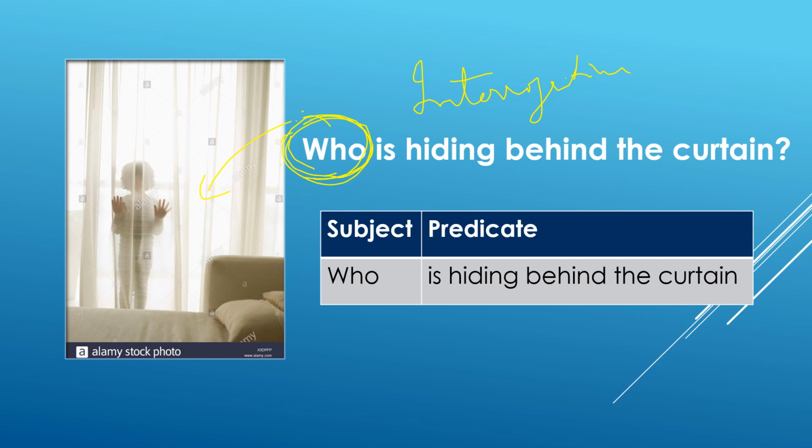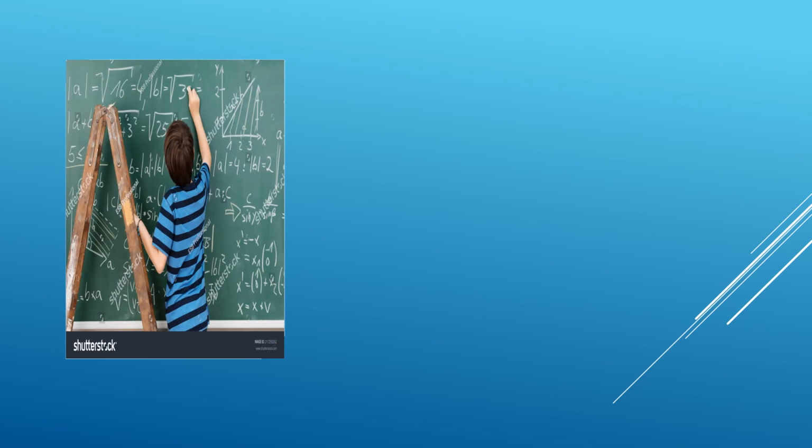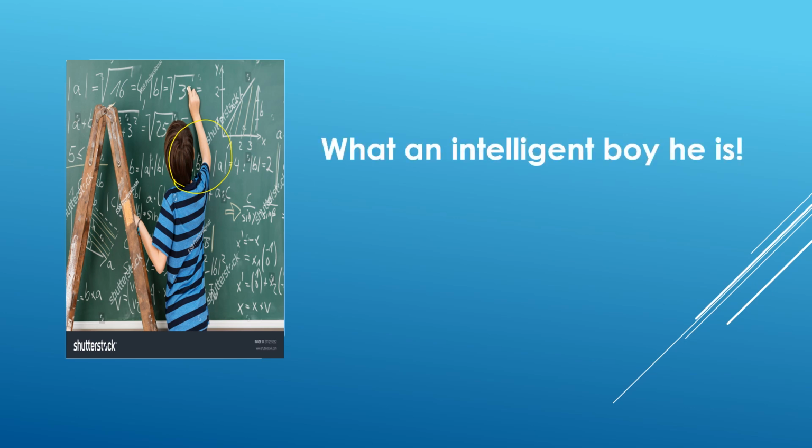Let us see another example. Now here you can see a boy is doing some work on the board. If you want to make an exclamatory sentence, it can be: What an intelligent boy he is. I want to say he is a very intelligent boy. So who is our doer? He is the doer.